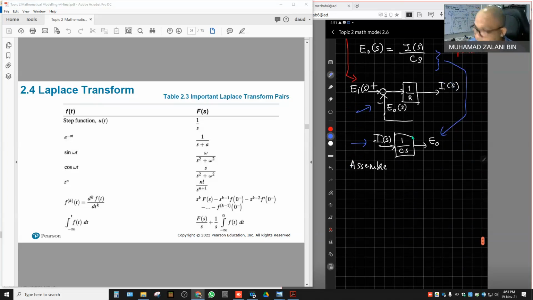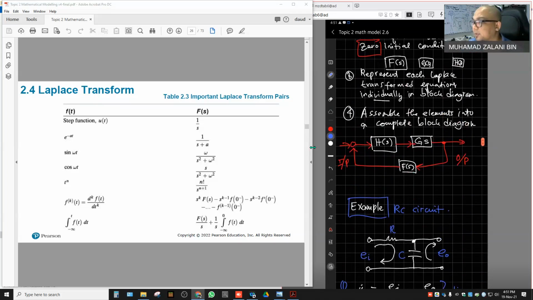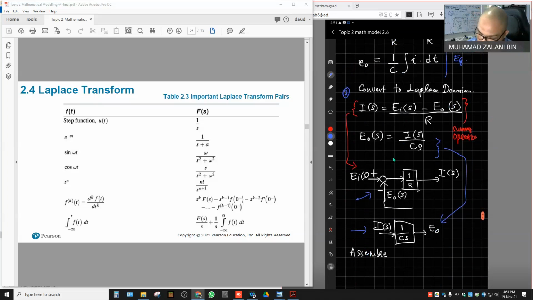And then we combine, we assemble all together. That is the fourth procedure. Assemble the elements into a complete block diagram. All right. So this is the third. Let me just write the third here.